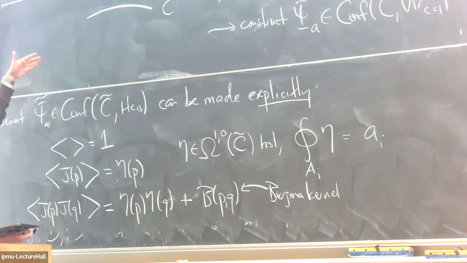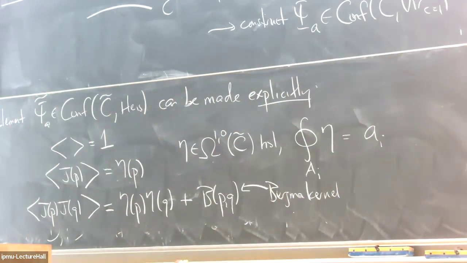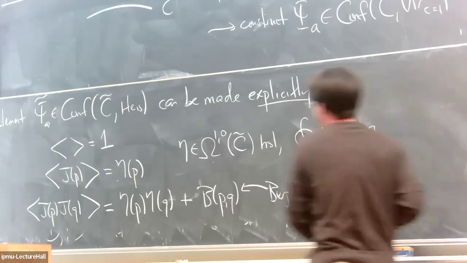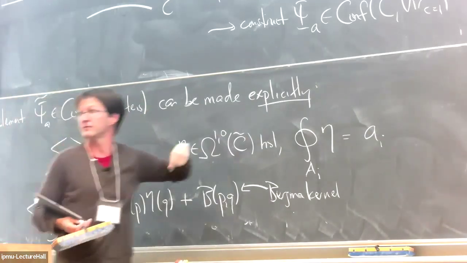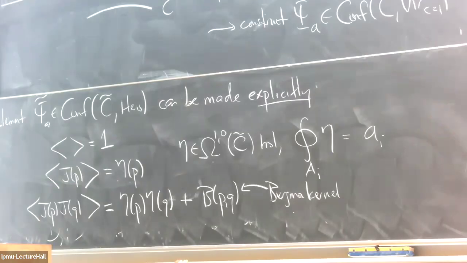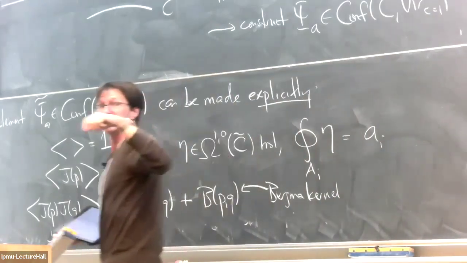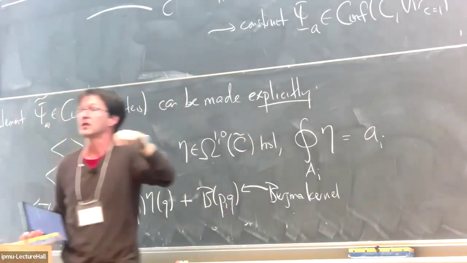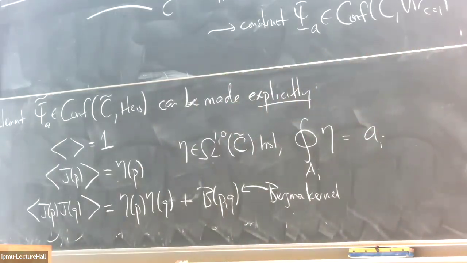Okay, and now my problem is to get from the correlation functions on the cover, solving the simple GL1 problem, to the correlation functions on the base, solving the GL2 problem. So the first thing you try is a kind of naive push forward. In the same way that if you had a flat GL1 connection on the cover, and you wanted to make it a GL2 connection on the base, the first naive thing you might try is just to push forward the connection from the cover to the base.